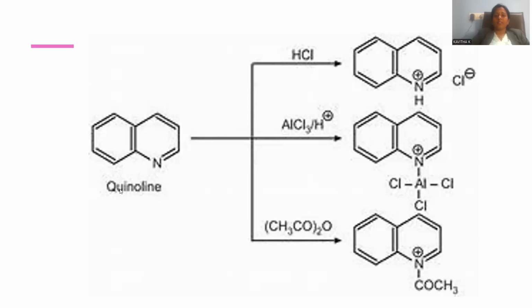The basicity of quinoline is perfectly evidenced by adding hydrochloric acid. Hydrochloric acid binds with the nitrogen, so formation of a quinolinium chloride salt is possible, proving the weak basicity of this quinoline molecule.